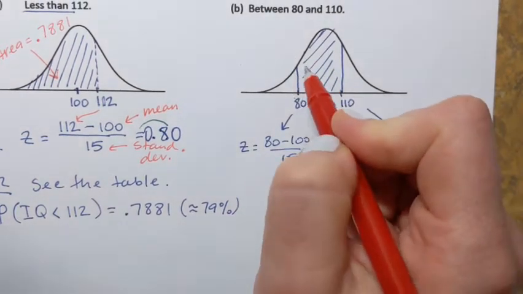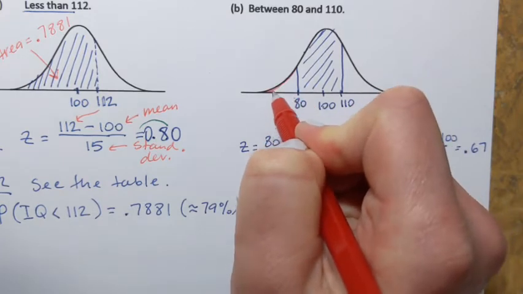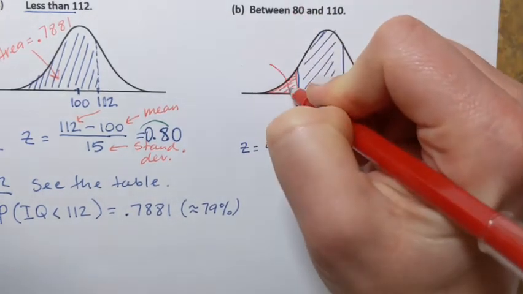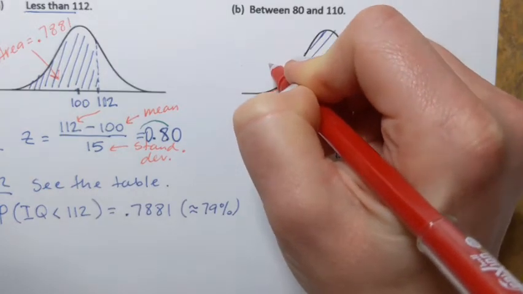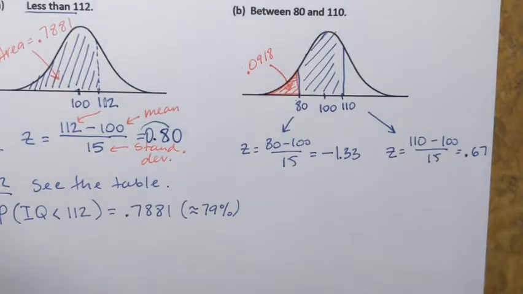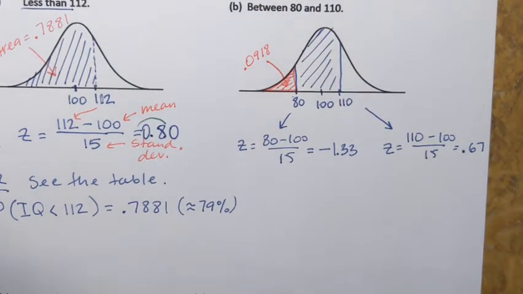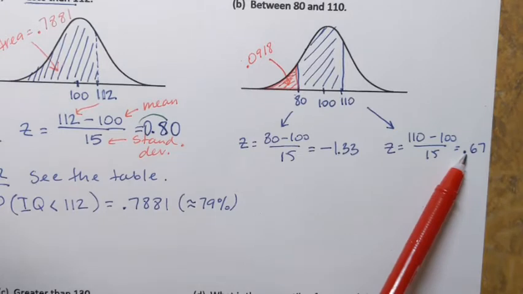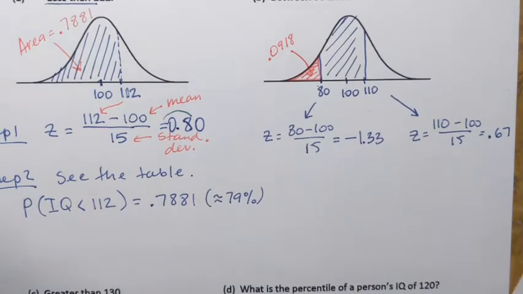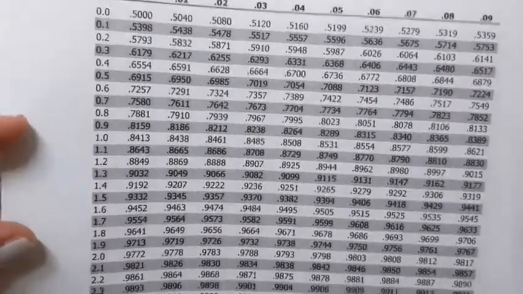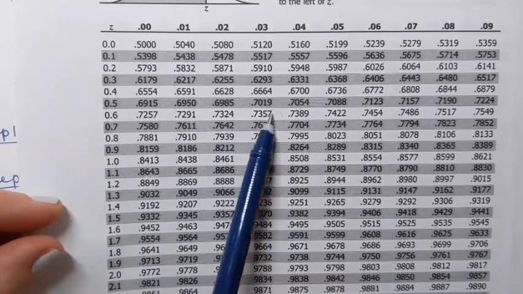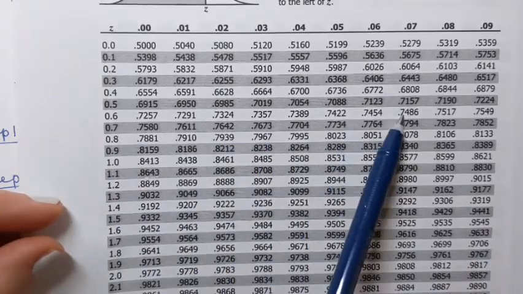So that means that what I just highlighted in red, this area, is 0.0918. Now, as we look up the corresponding area for 0.67, first I find 0.6 right here, and then 7 is right here, right?